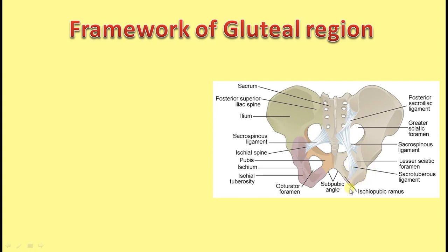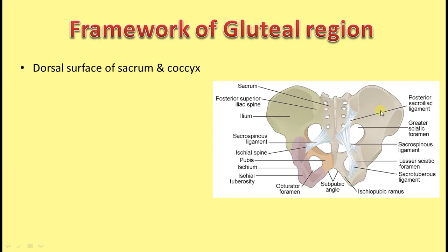Then you go below, you also have the dorsal surface of the neck and the greater and lesser trochanter of the femur. Okay, the greater and lesser trochanter, the neck, of course the head will be present inside the acetabular cavity. Then medially if you come, the dorsal surface of the sacrum and the coccyx.